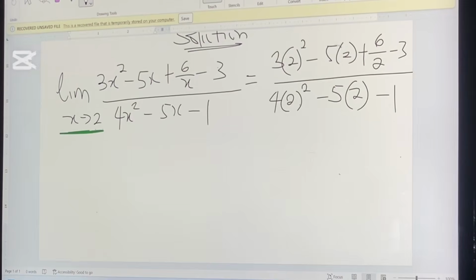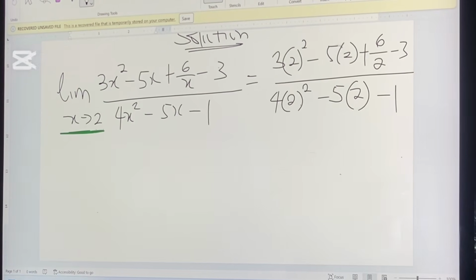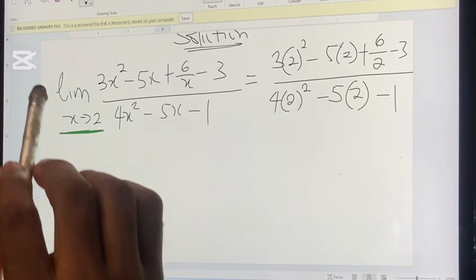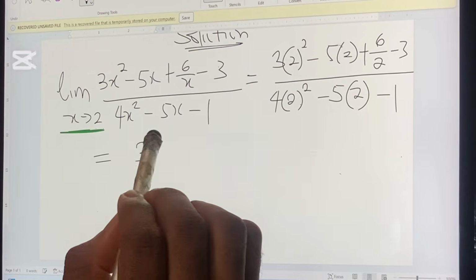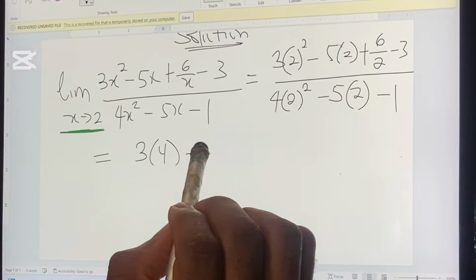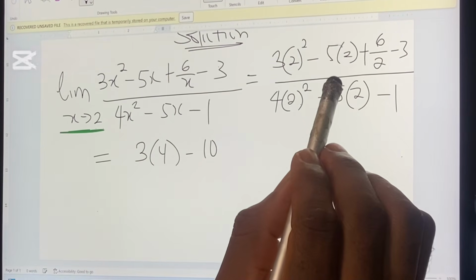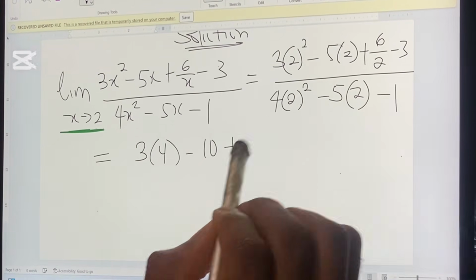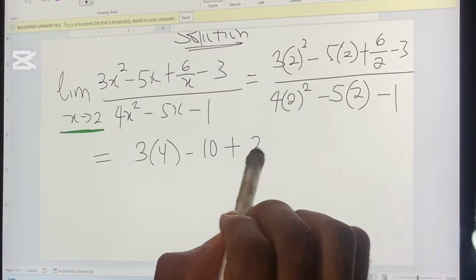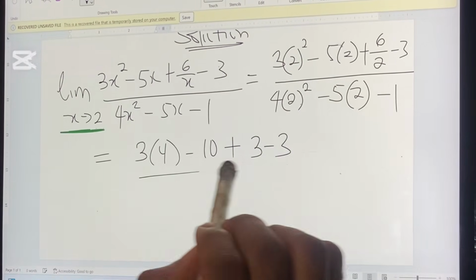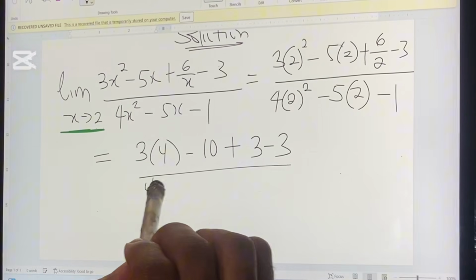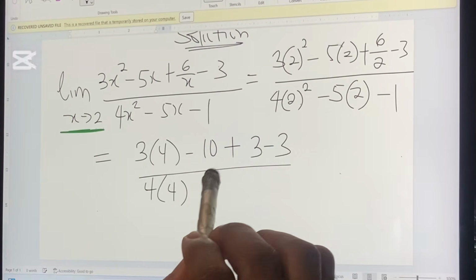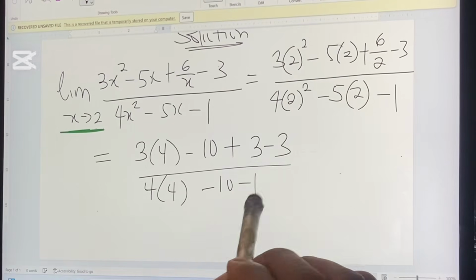When you simplify this, 2 squared will give us 4. So I have 3 into 4 minus 10, that is 5 times 2, plus 6 divided by 2 is 3, minus 3 over 2 all squared, that is 4, into 4 minus 10 minus 1.